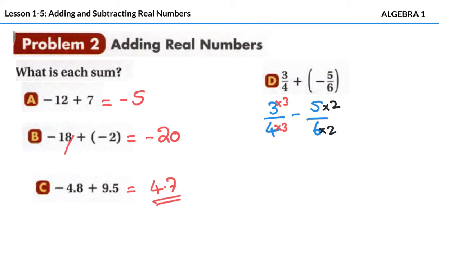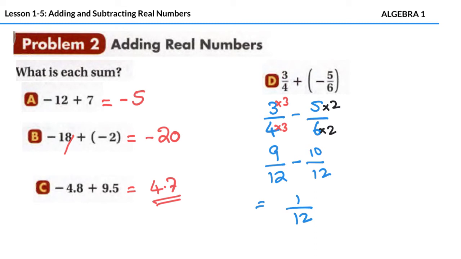So now my new fraction is going to be 3 times 3, which is 9, over 4 times 3, which is 12, minus 5 times 2, and that is 10, over 6 times 2, and that is 12 again. Now my denominators are the same, so I can easily subtract them, and that is going to be 1 over 12. But the question is, what should be the sign of this answer?